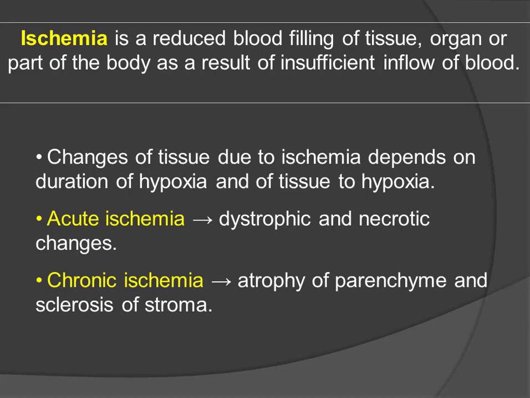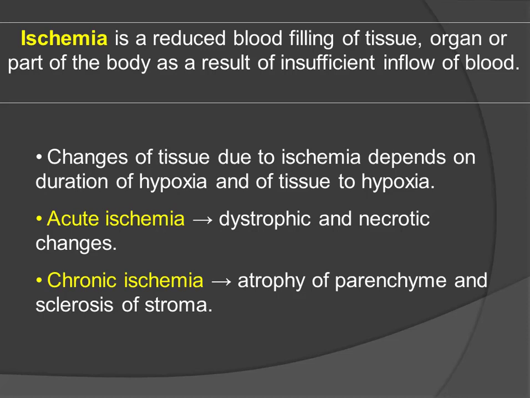Ischemia can be divided into general and local, as well as into acute and chronic. Macroscopically, the organ is reduced in size, has a decreased temperature and a pale color. The effect of ischemia depends on many factors.